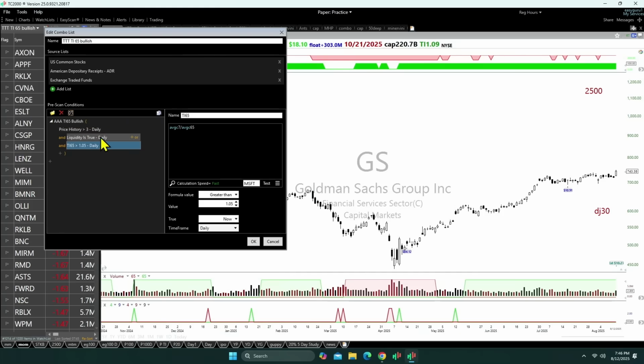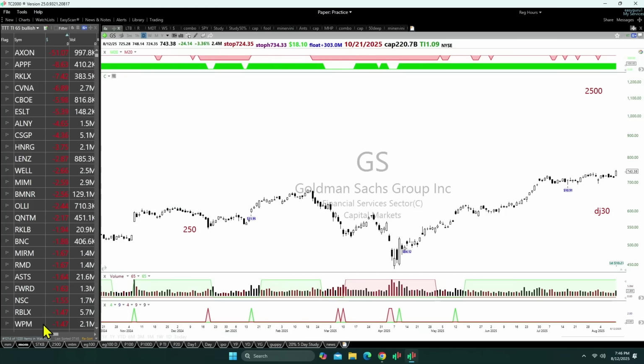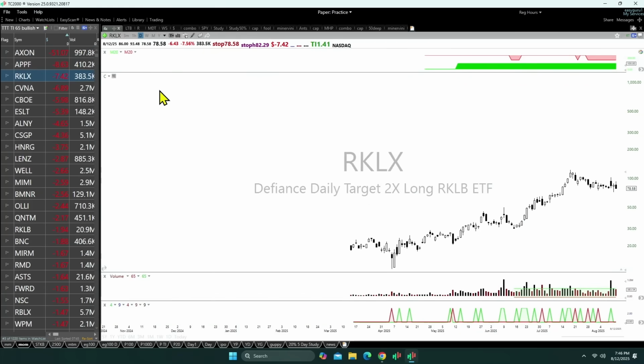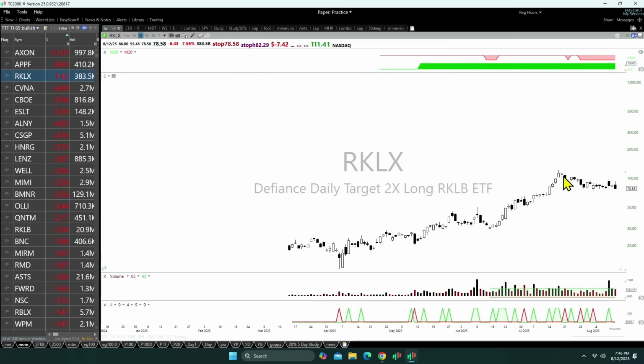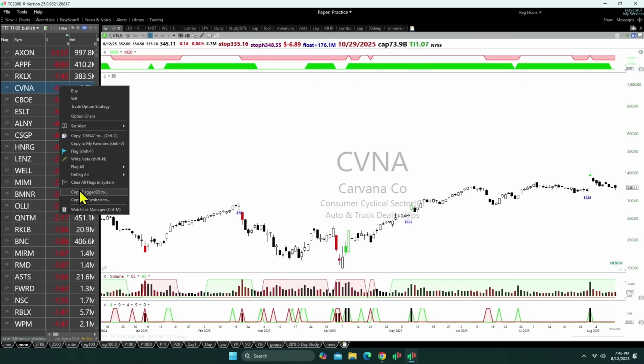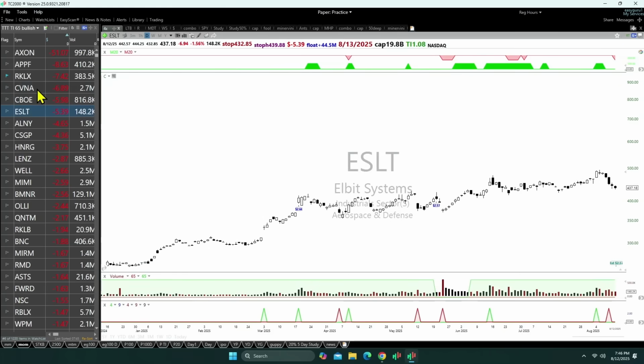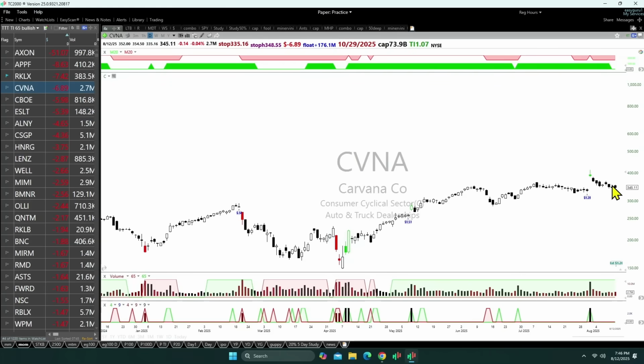If I use that condition on stocks, I find that as of now around 1200 stocks are in a momentum phase. So I can go through these stocks at night and identify stocks which are having an orderly pullback, or which are consolidating near their high. Carvana is having an orderly pullback now, right?